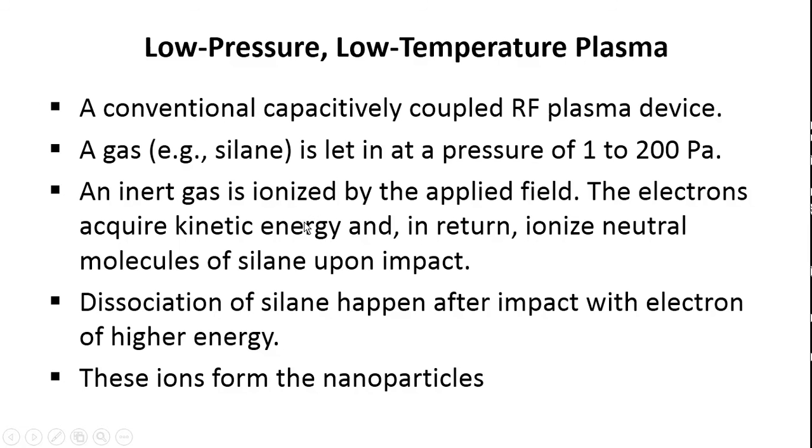When electrons acquire kinetic energy due to the electric field, they impact other electrons or ions, which ionizes the neutral molecules of selene. Dissociation of the selene happens after impact with the high energy electrons. Dissociation means the selene is decomposed into its different constituents, which produces SiO2.